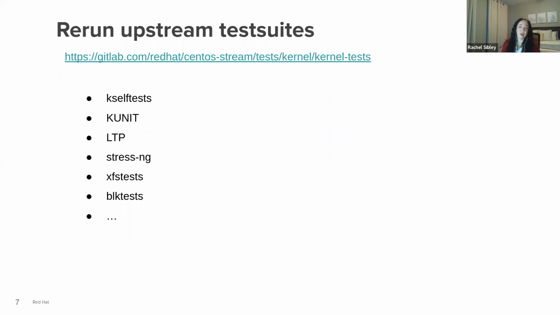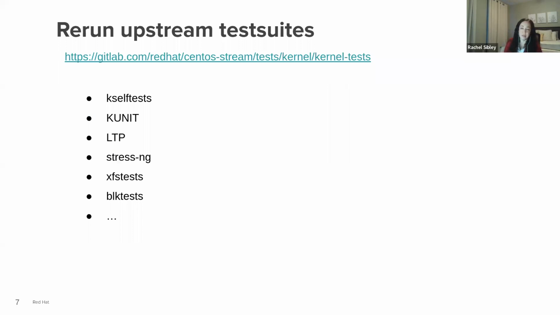We also rerun many upstream test suites, not only test suites that are part of the source RPM, but also other related upstream test suites for a specific package. So this is just an example of some of the kernel upstream tests that we wrap and rerun downstream for RHEL.